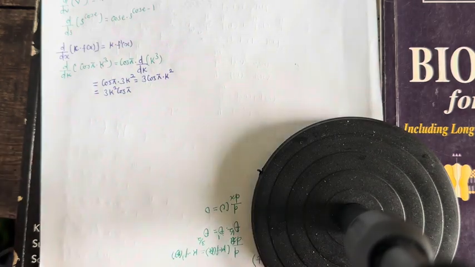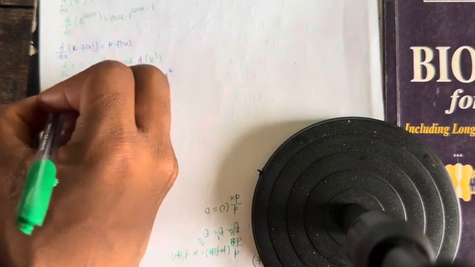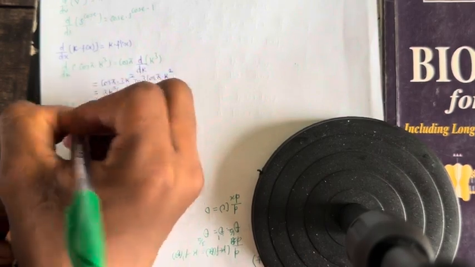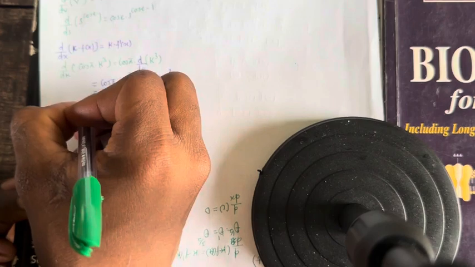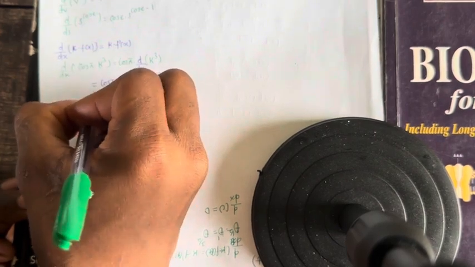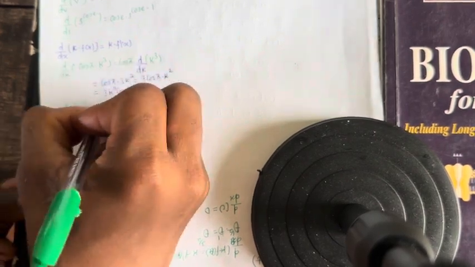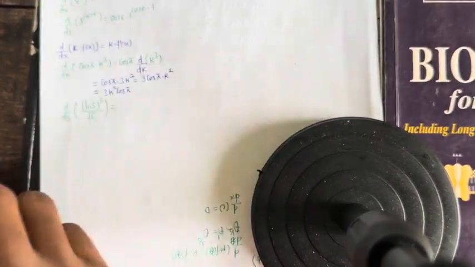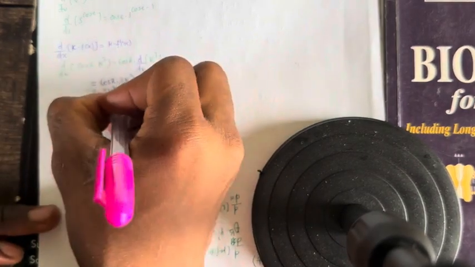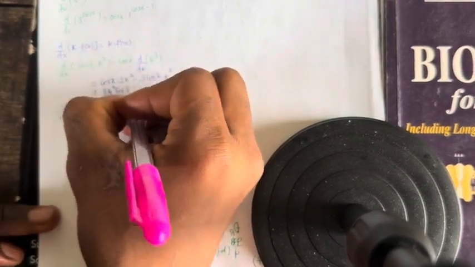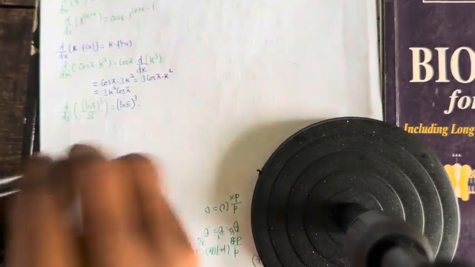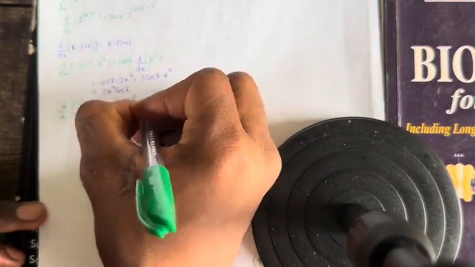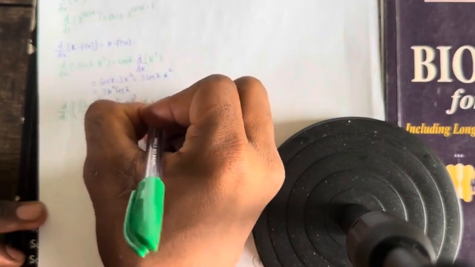So yeah, let's take another one. The d/ds of ln 5 cube over root s will just be equal to ln 5 cube multiplied by the d/ds of 1 over root s.